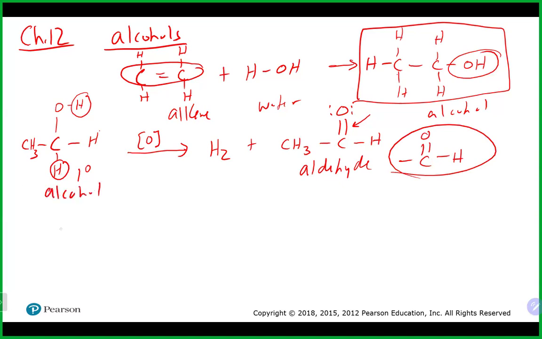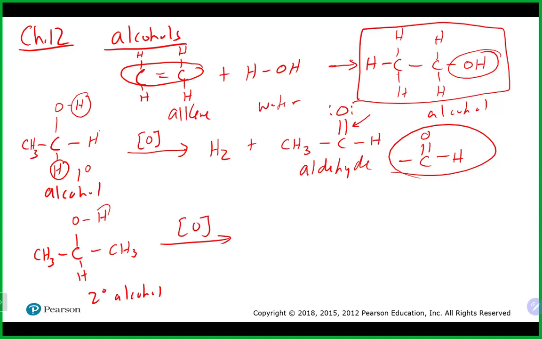We also talked about secondary alcohols. Secondary alcohols have that OH group connected to 2 carbons. And again, if we go through our oxidation reaction, we're going to grab an H from our oxygen and an H from our carbon. And once again, nothing else changes, as we talked about.